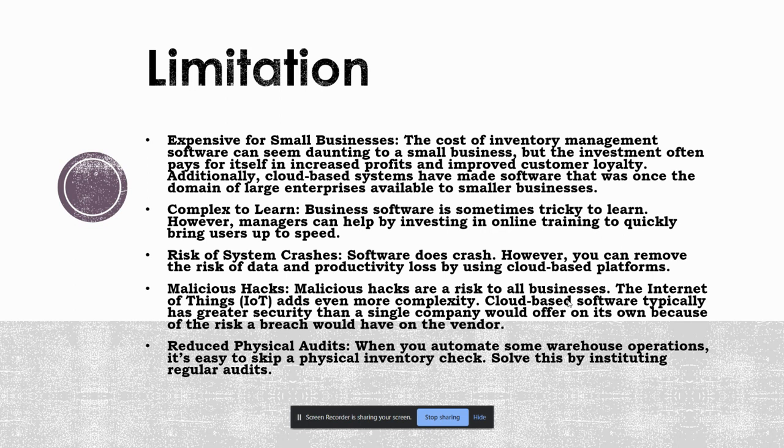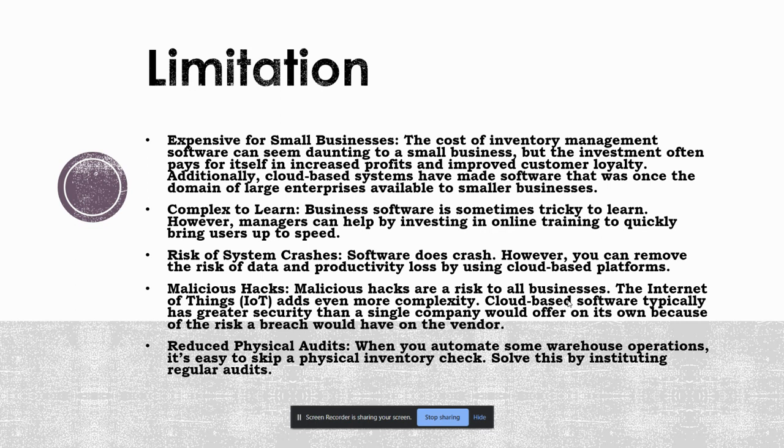Risk of system crash: software does crash, however, you can remove the risk of data and productivity loss by using a cloud-based platform. Malicious hacks: malicious hacks are a risk to all businesses. The Internet of Things adds even more complexity.